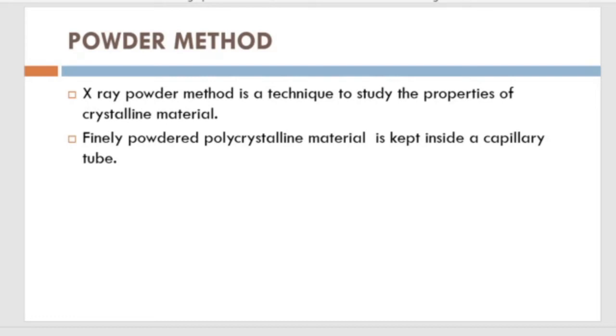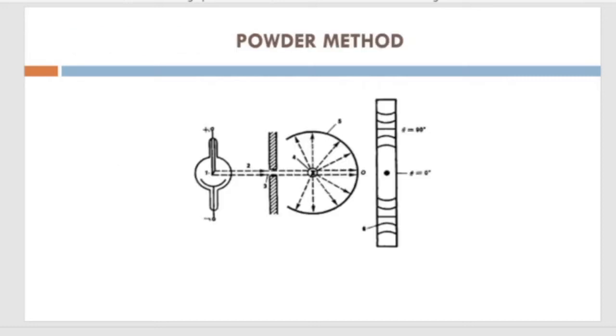It is also known as the Debye-Scherrer method. These are the two crystallographers who adopted this powder method to find the crystal structure, which uses finely powdered polycrystalline material kept in a capillary tube.